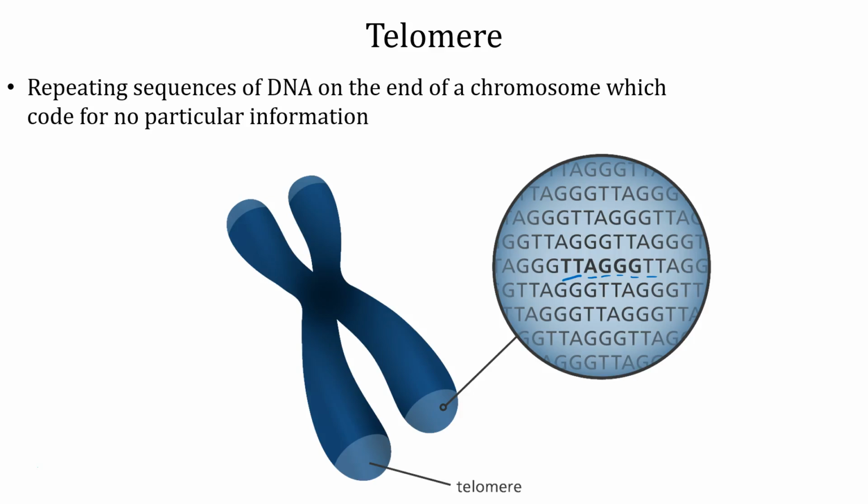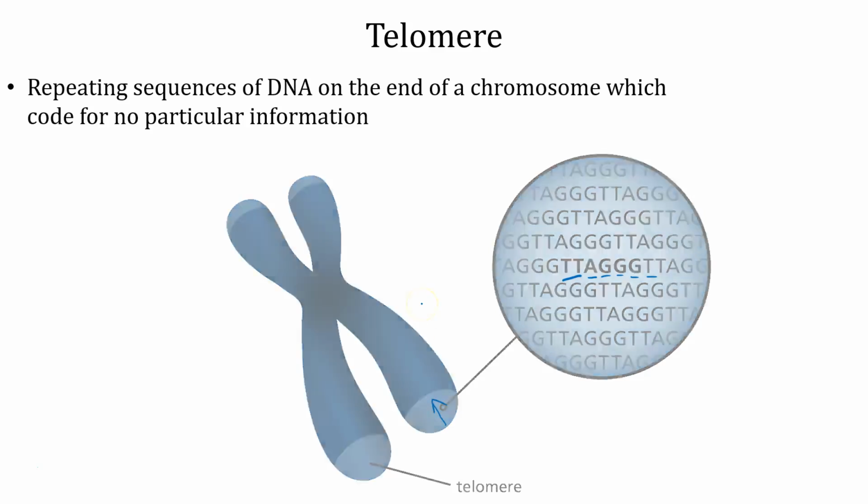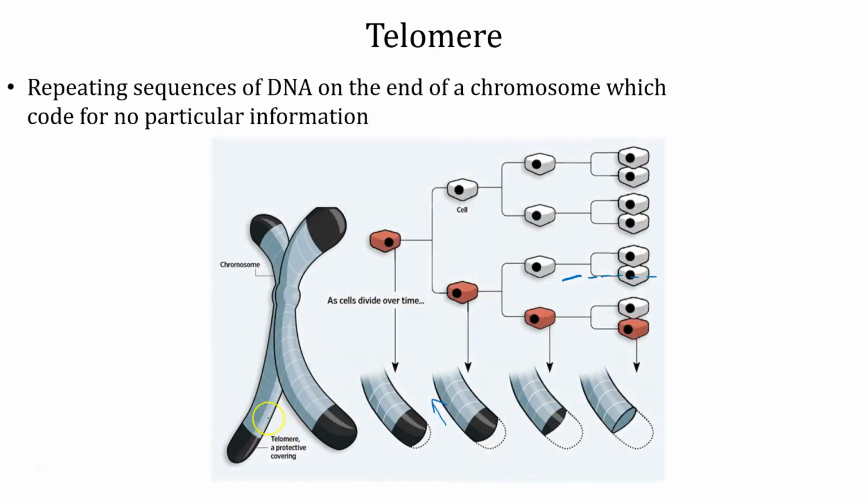Part of the reason it's thought that we have these is, and I won't go into it because it's a bit more complex and above the scope of this class, chromosomes are always getting shortened. If you look at this picture of the end of a chromosome, every time the cell divides, that chromosome end gets shorter and shorter.